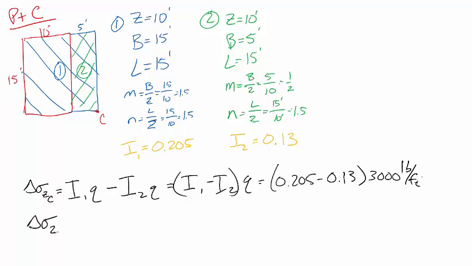Our change in vertical stress at point C turns out to be 225 pounds per square foot.